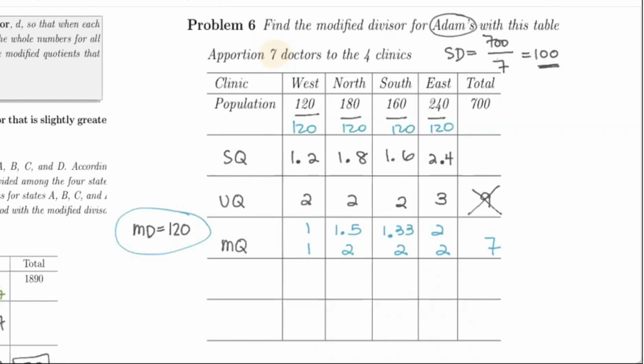Just curious, does 121 work as well? I think so. 121 works as well. 122 works as well, I think so. So you can have a couple of modified divisors.